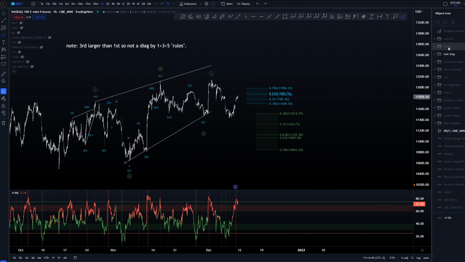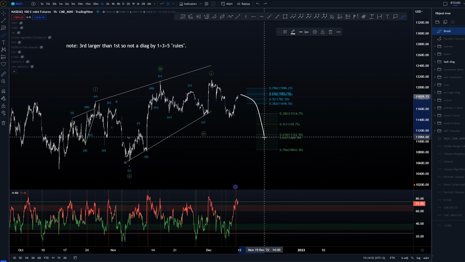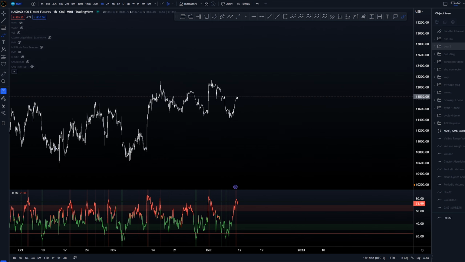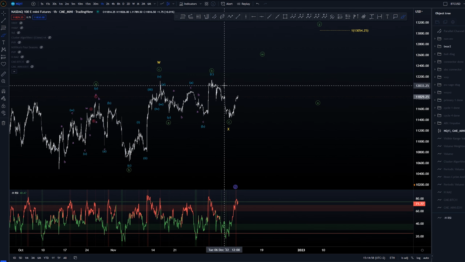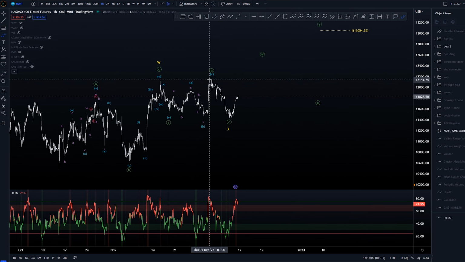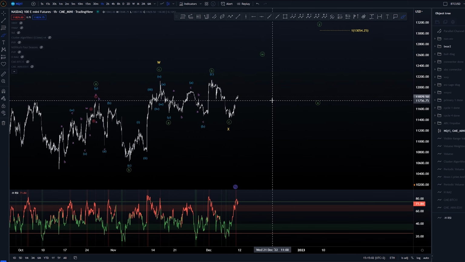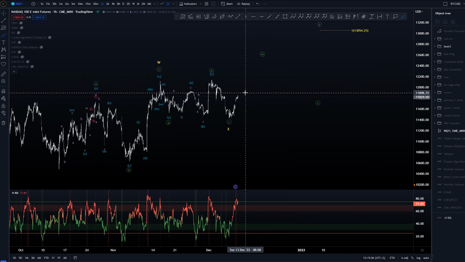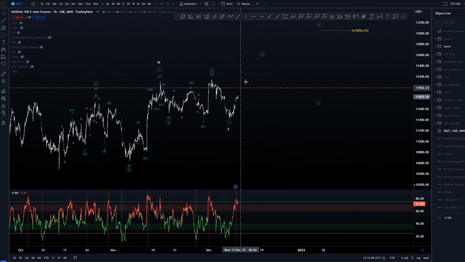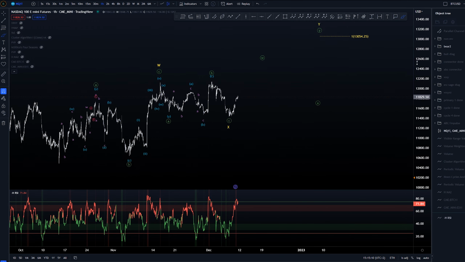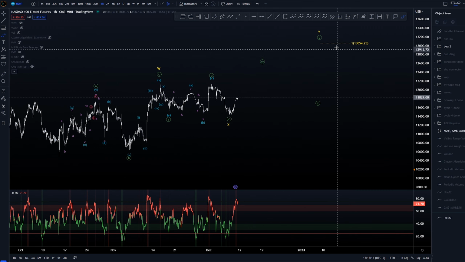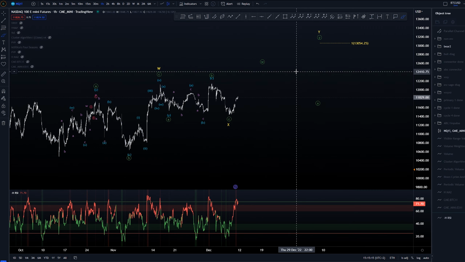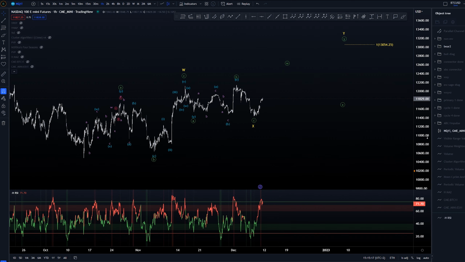So although I have this as more of a bullish count, on the lower time frame it is the more bearish one, and same with this one. Even though I've named this as a bear, this is more bullish on the higher time frame. It's just bullish on the lower time frame and bearish on the higher time frame, because again, we are correcting higher, not impulsing higher. So that's the key difference there.